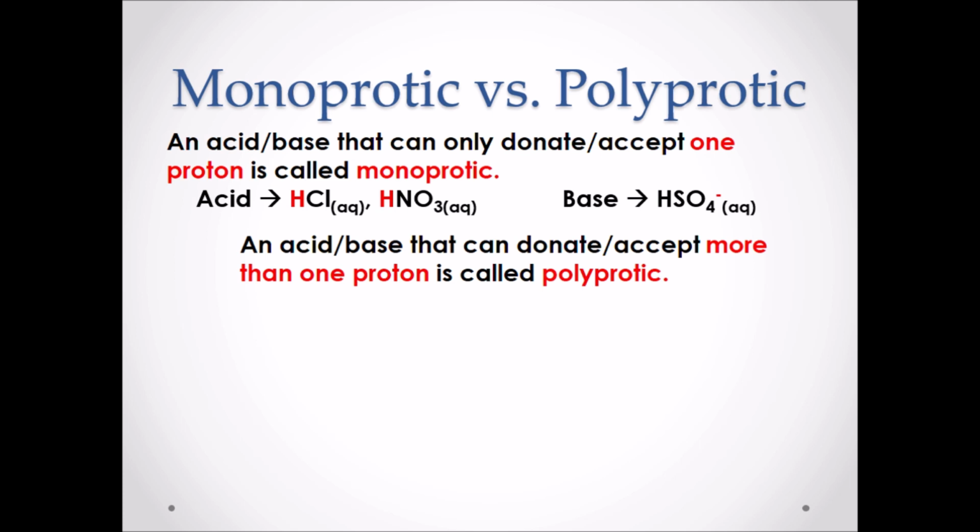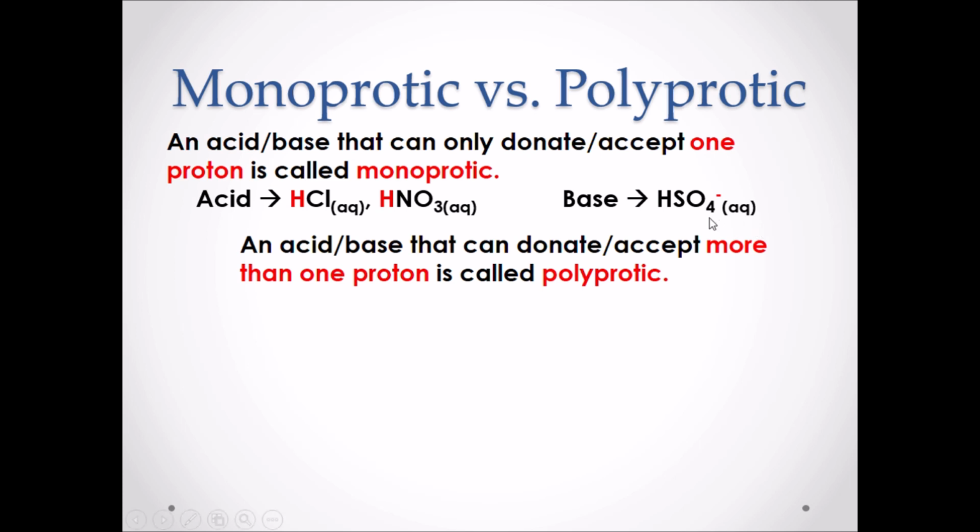If you look at the table of acids and bases in the Chemistry 30 data booklet, you will notice that most bases have a negative charge. This negative charge represents that they can gain a positive charge. They can gain a hydrogen ion.